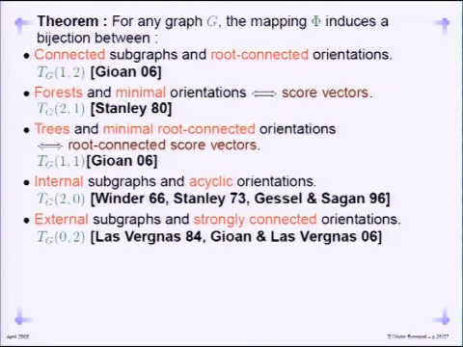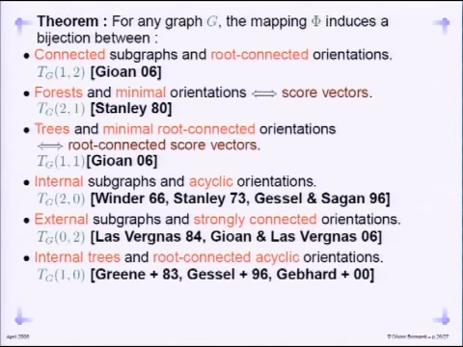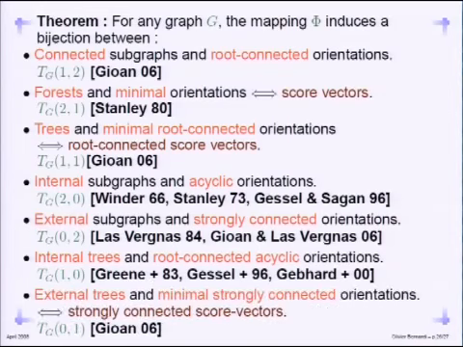If you take external subgraphs, you will have a bijection between external subgraphs and strongly connected orientations, and taking the composition with the previous characterization, you obtain two more bijections, so internal trees with root-connected acyclic orientations, external trees with minimal strongly connected orientations. That's it.